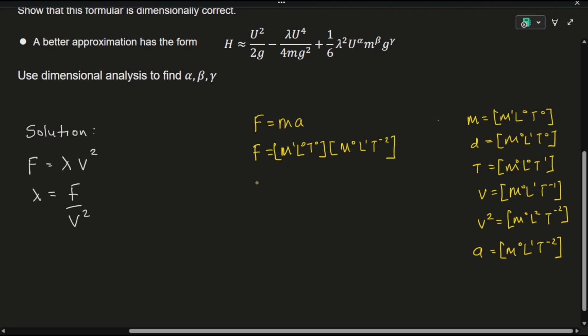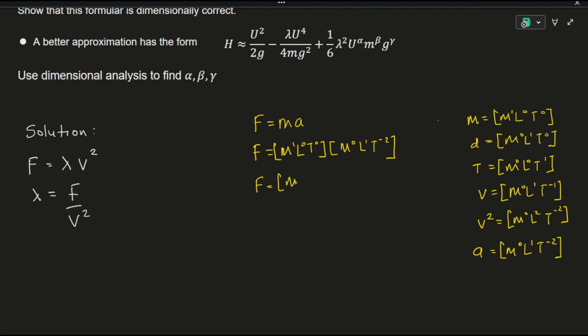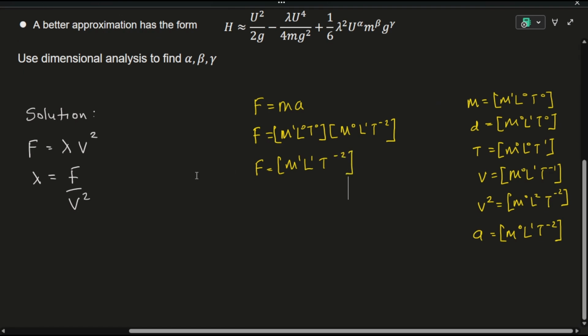So the dimensions of force, applying the properties of indices, we're going to get the following. With this, we're going to plug in the dimensions of force and the dimensions of v squared in the formula given here in order to arrive at the dimensions of lambda.